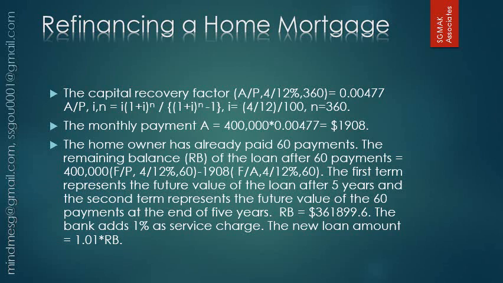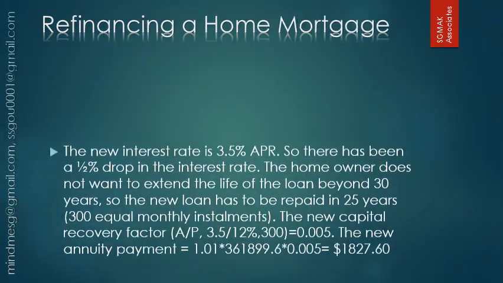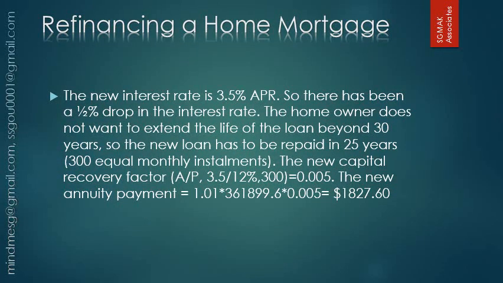Now the bank adds 1% as service charge, so the new loan amount is 1.01 times RB. The new interest rate is 3.5% APR. So there has been a 0.5% drop in the interest rate. You're interested to find out whether it lowers your monthly payment or not.